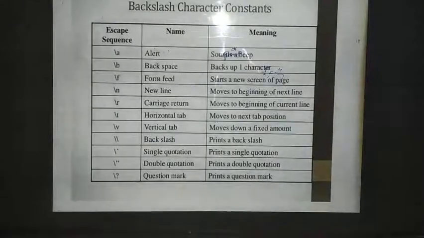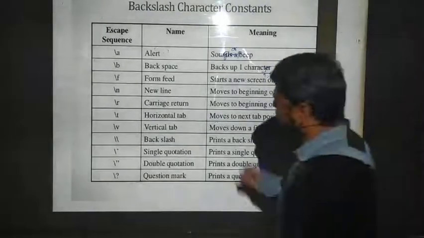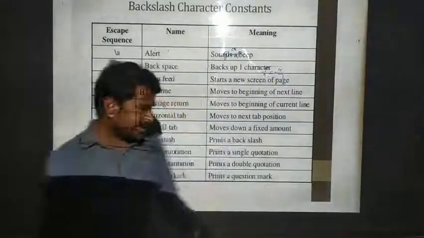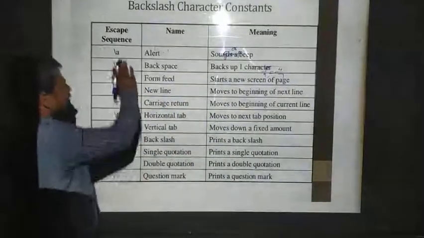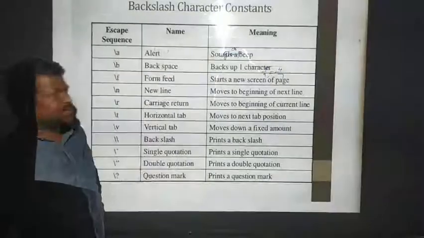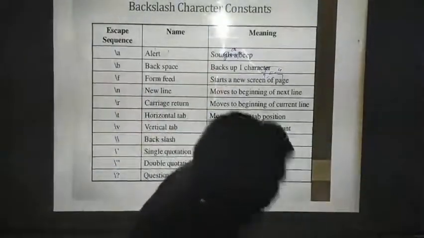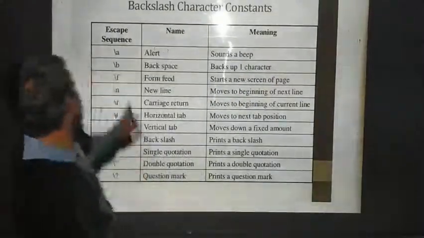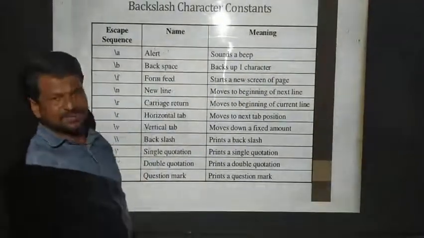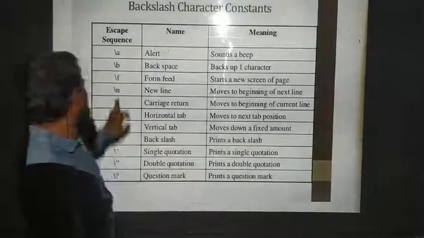In backslash character constants, all the characters are preceded by a backslash. Here you can see in the figure, backslash a means alert, which will give a small sound. Backslash b means backspace, which backs up one character.